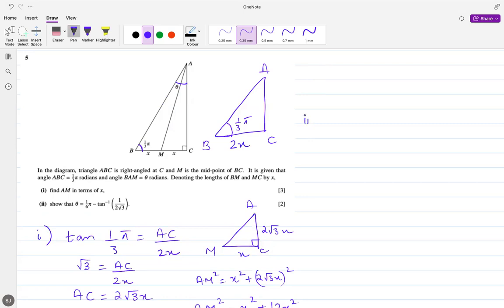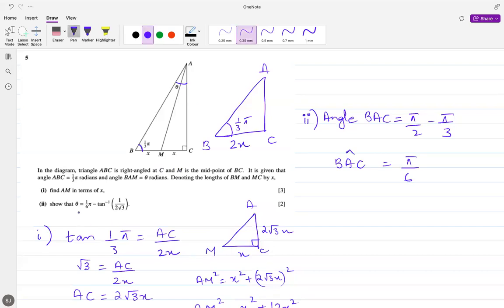So for part 2, angle BAC will be equal to π/2 minus π/3. Simplifying this, we get 3π minus 2π upon 6, which becomes π/6. So the angle BAC is π/6.